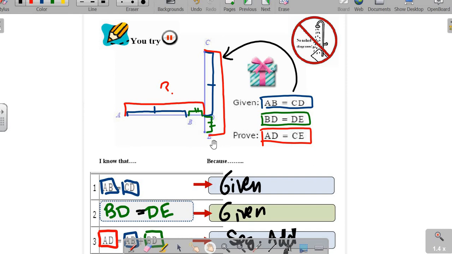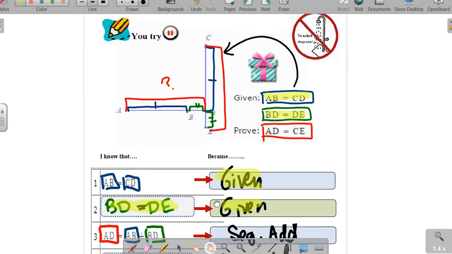So we're saying the little segments have to add up to the big segments. So for this first one, AB and CD is congruent. Why is that true? It is given. Then you can list your other piece of given information.